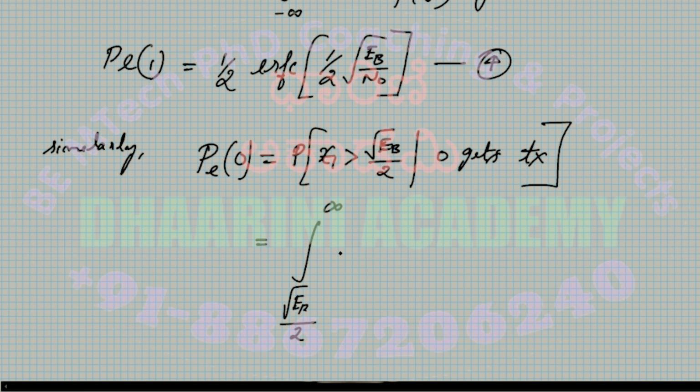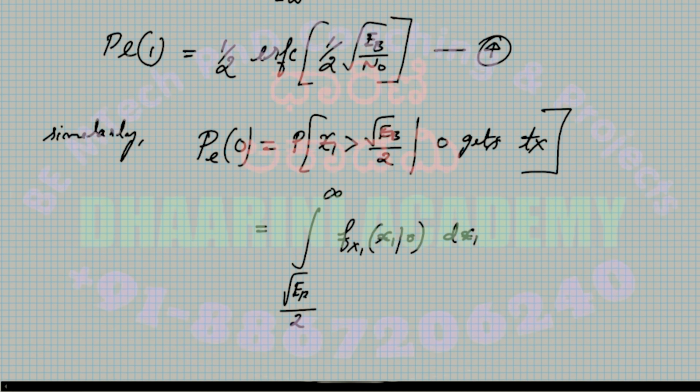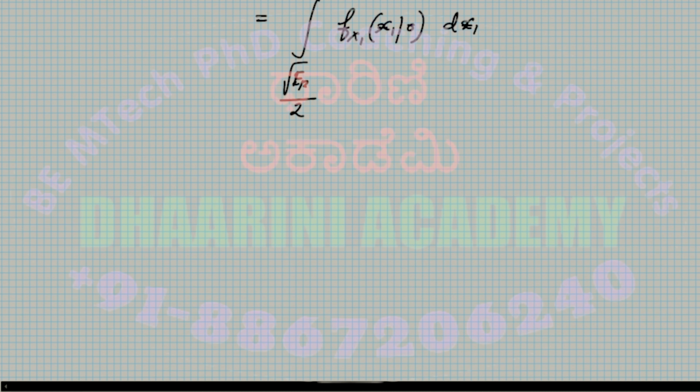This is f capital X1 of small x1, provided, now you see it is not 1, it is 0, provided 0 was sent, into dx1. Hope it is clear, up to this. Are you fine with this?